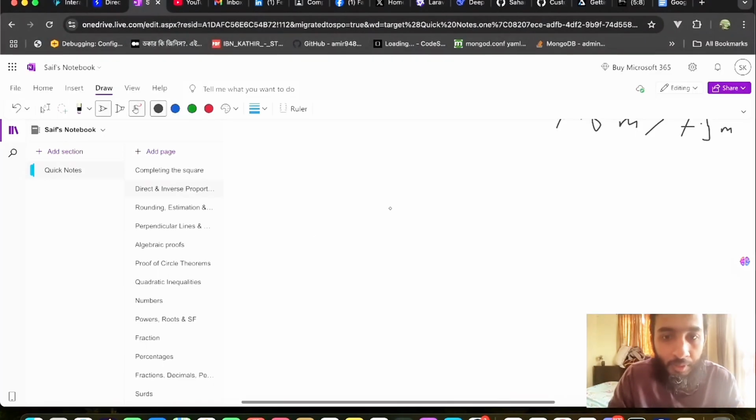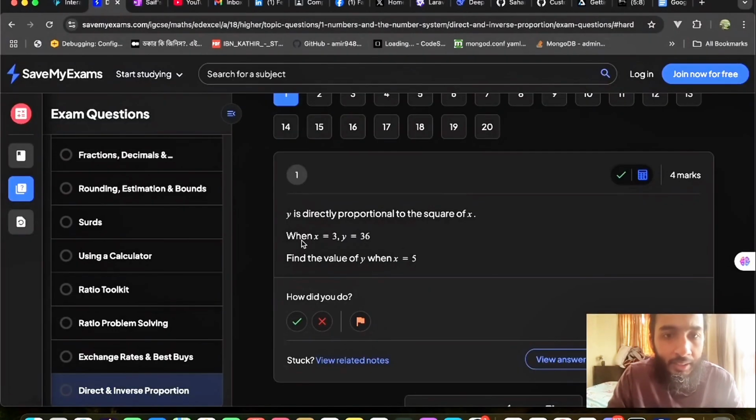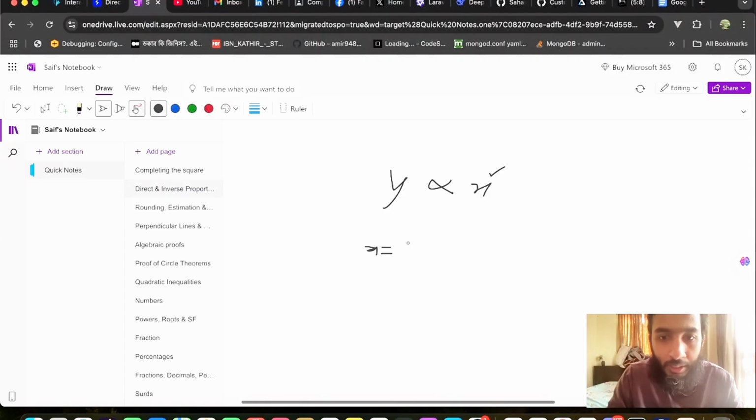So y is directly proportional to the square of x. When x is 3, y is 36. We have to find out what y is when x is 5.